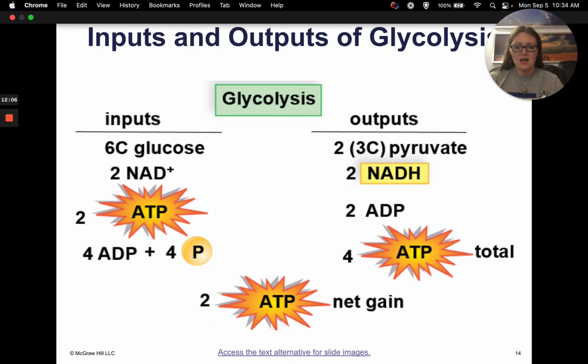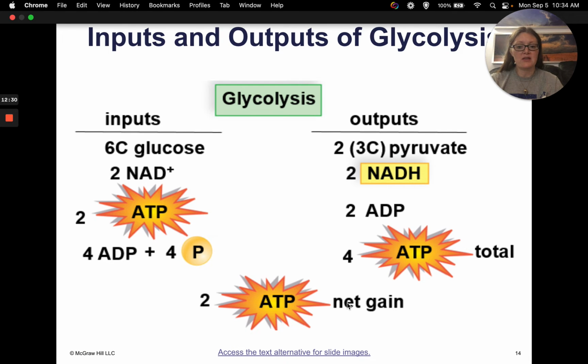All right, so looking at this process, we've got the glycolysis. Our input is 6-carbon glucose, C6H12O6, plus 2 NAD+, plus 2 energy, again, that energy necessary to get the reaction going, and 4 ADP and 4 phosphates.